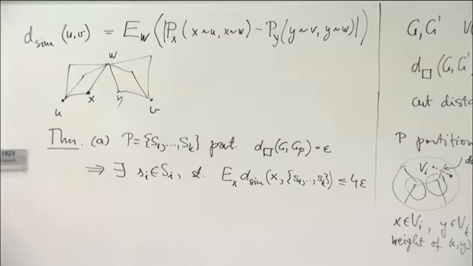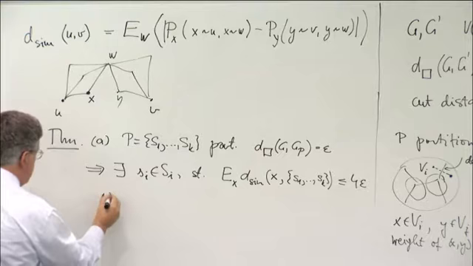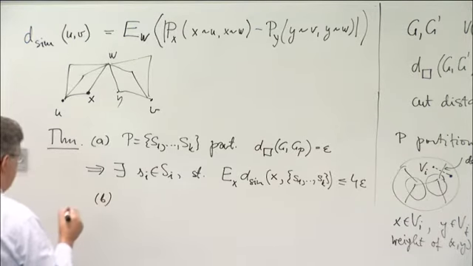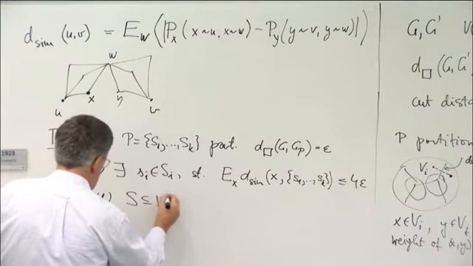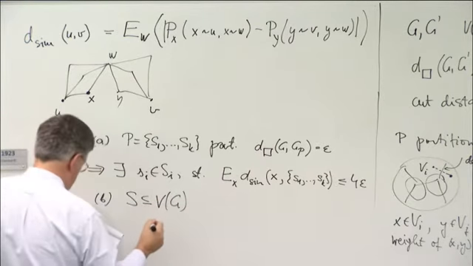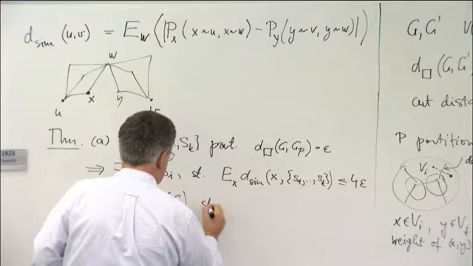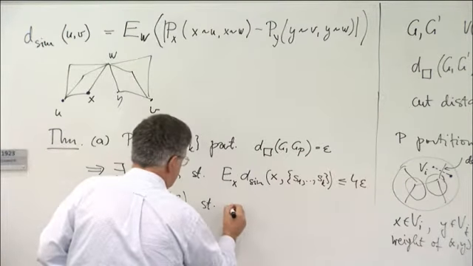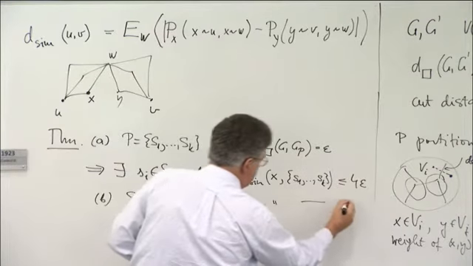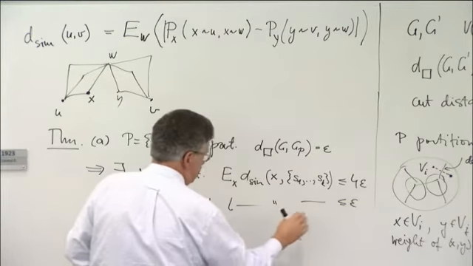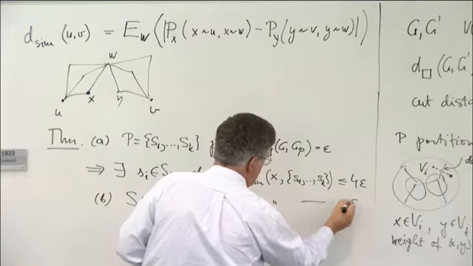And second, if I take any set S such that the same thing holds, that this expectation is less than or equal to epsilon. So now we go the other way.